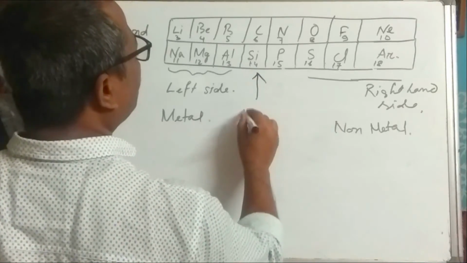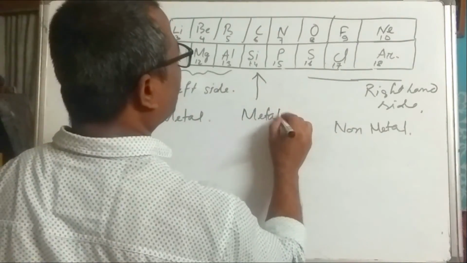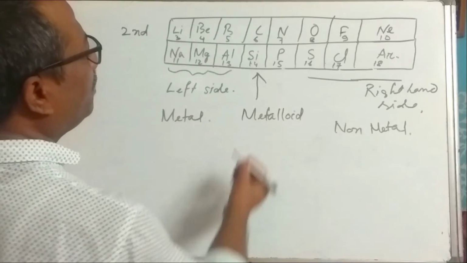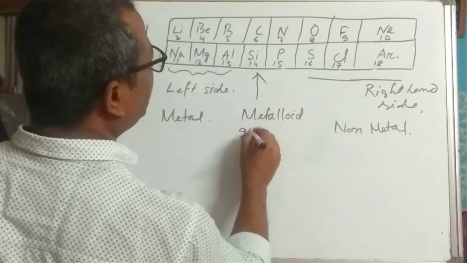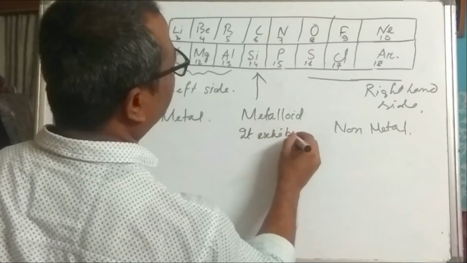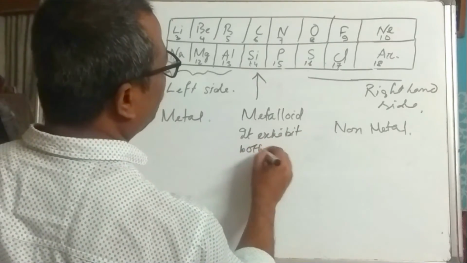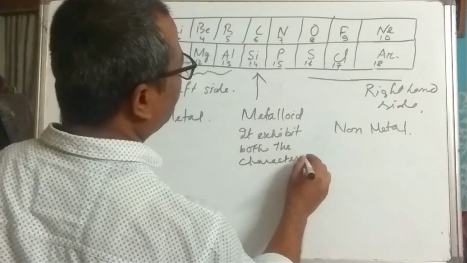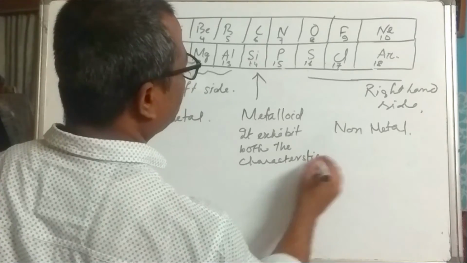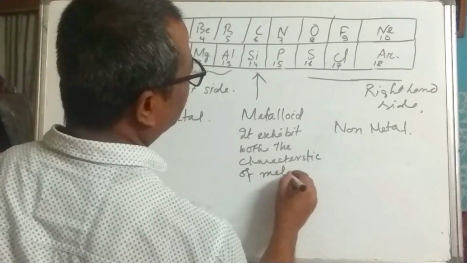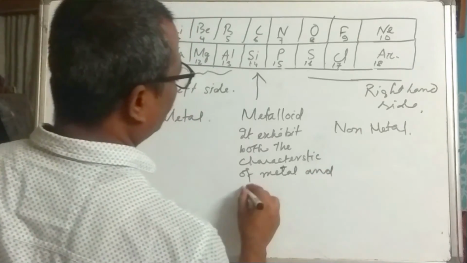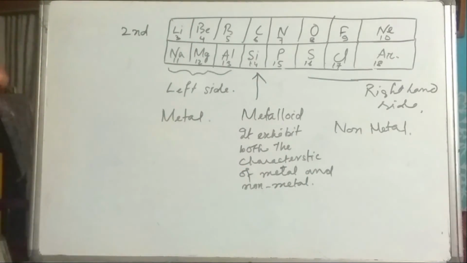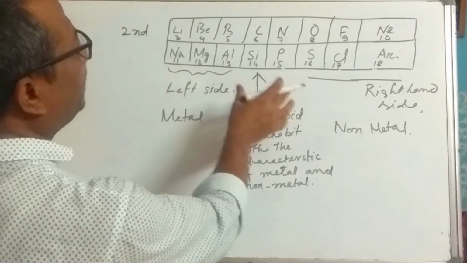The silicon is called metalloid because it exhibits both the characteristics of metal and non-metal.